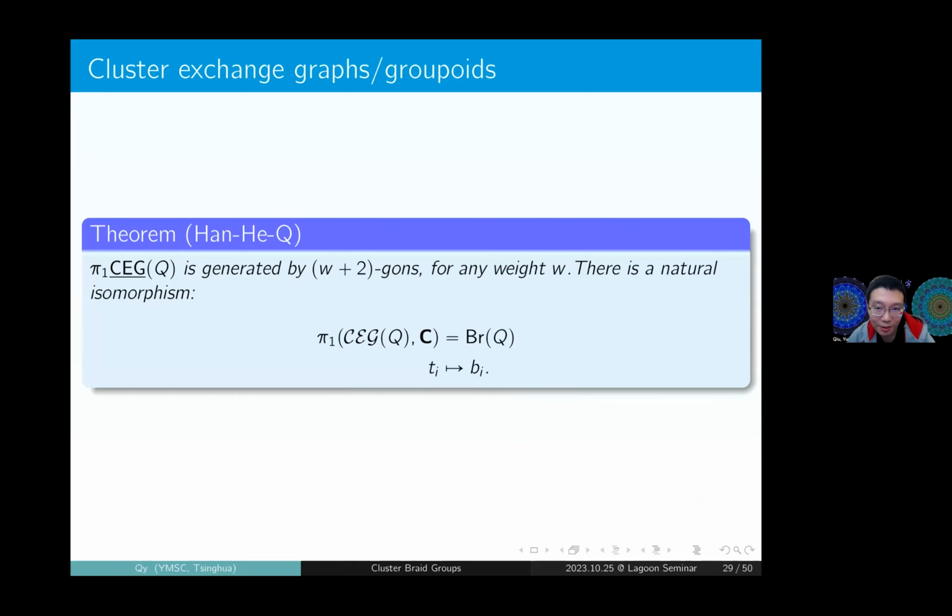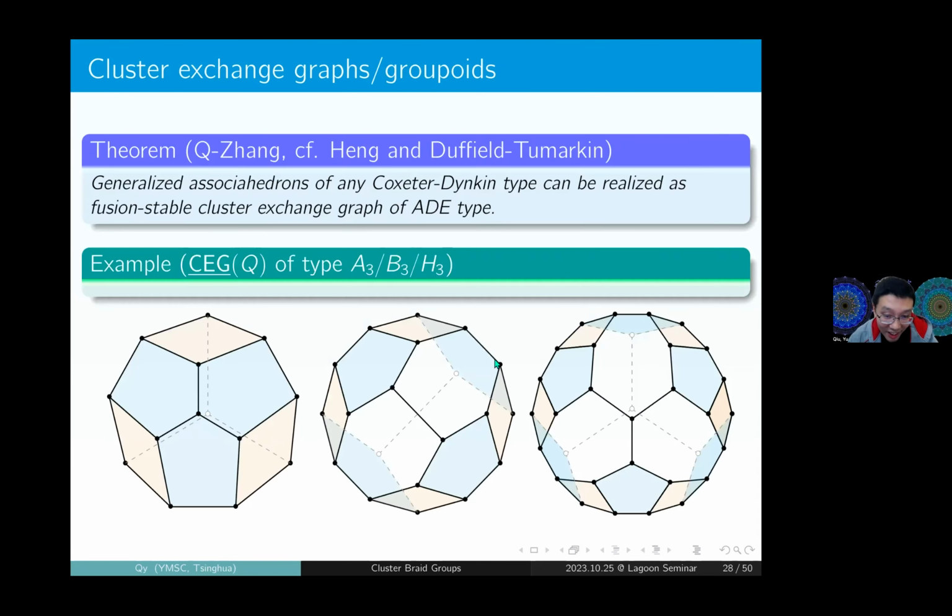And after you do that, you can generalize the ADE case to the Coxeter case, so that the braid group associated to the diagram can be realized as the pi1 of the cluster braid group. So for example, in type H3, you need to double this picture, all the edges doubled.